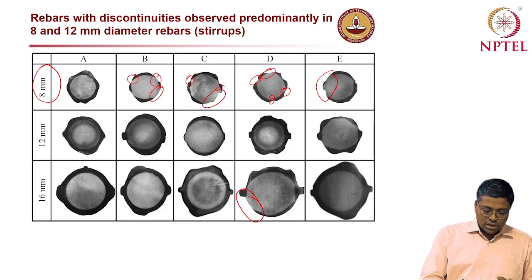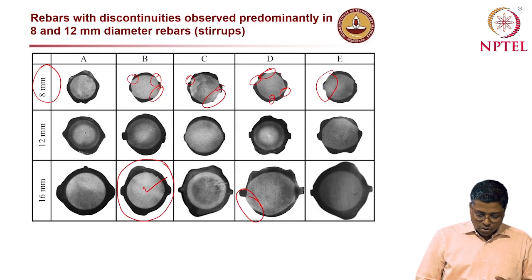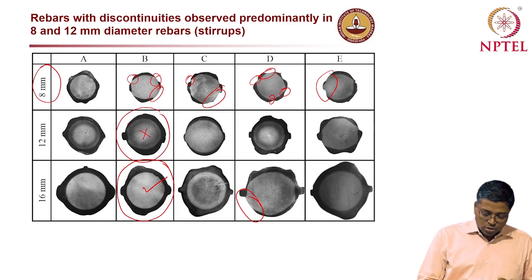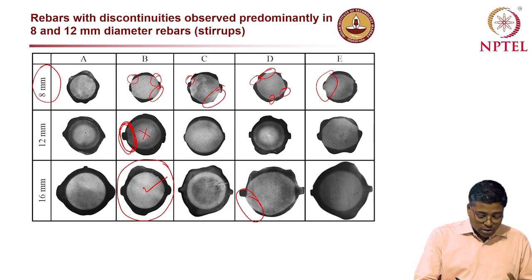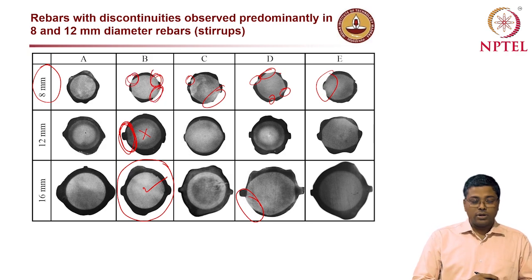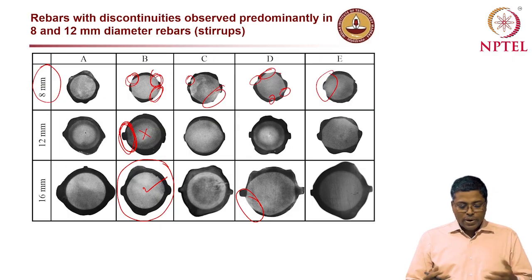In this case B, you can see the 16 mm diameter bar is okay, but the 12 mm diameter bar is not okay, because you have a very thin tempered martensite over here. So like this, you can see a very thin tempered martensitic region. So that's not good. As you reduce the diameter to 8, it is really bad steel.